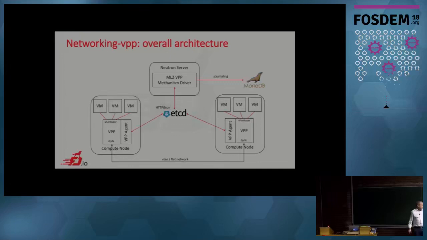That is really cool, because the problem with OpenStack in such a distributed system is you don't know when a failure will arrive, but a failure will arrive at some point. What we are doing here is making sure that when, let's assume, Neutron wants to create a port on this compute node, if this compute node is dead for some reason, or rebooting, when it restarts, it will fetch the states from etcd instead of reading them from Neutron.